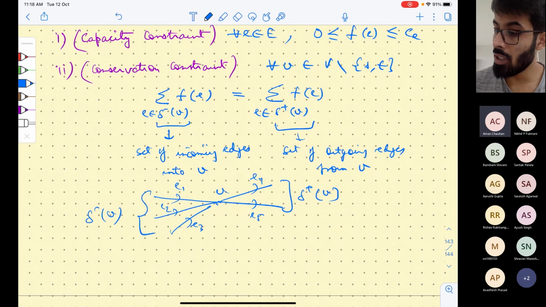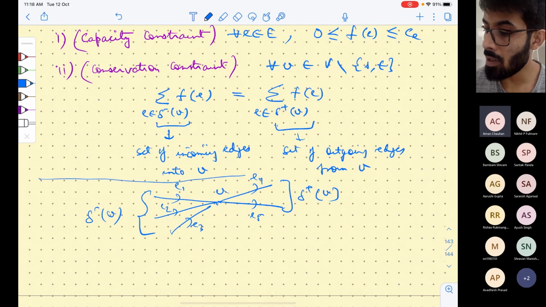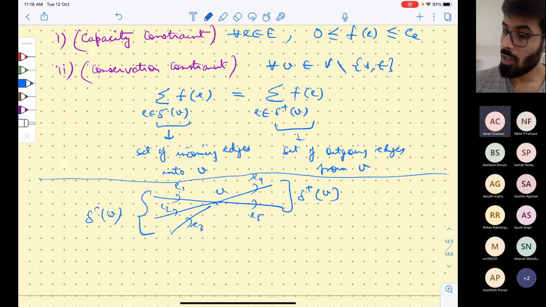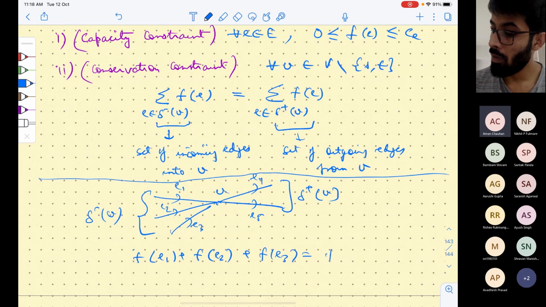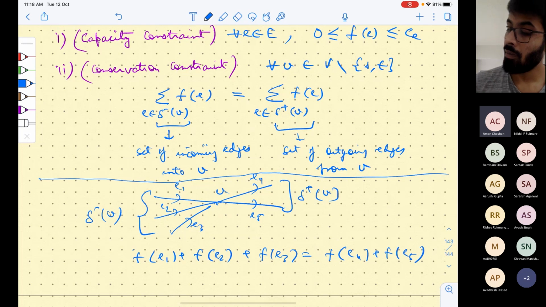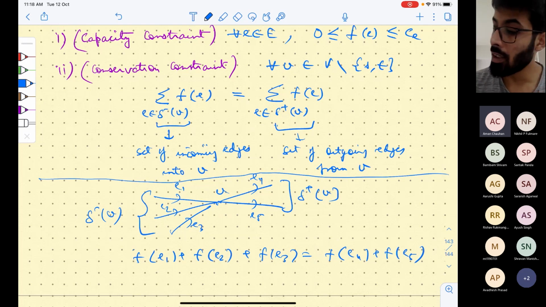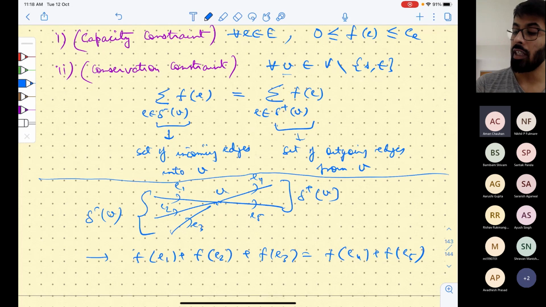So what does this constraint say? This constraint says that f of E1 plus f of E2 plus f of E3 is equal to f of E4 plus f of E5. Right? This is when we write this constraint for this V. And such a constraint will be there for every V that has to be satisfied, apart from S and T. Okay?